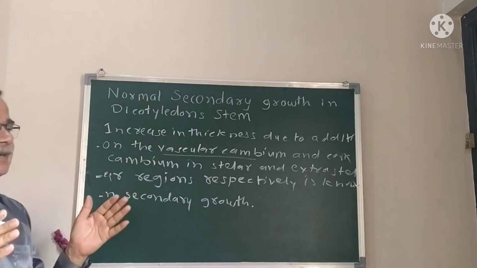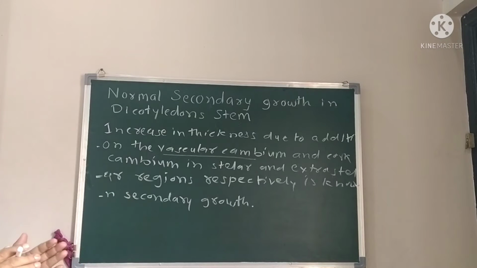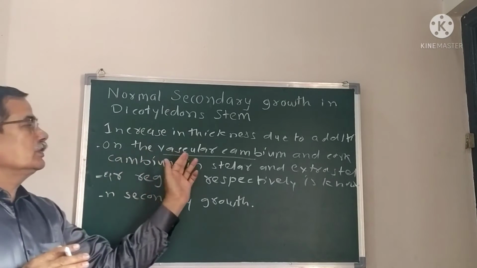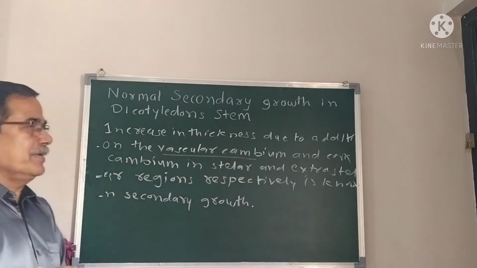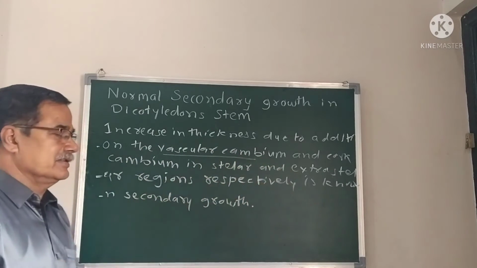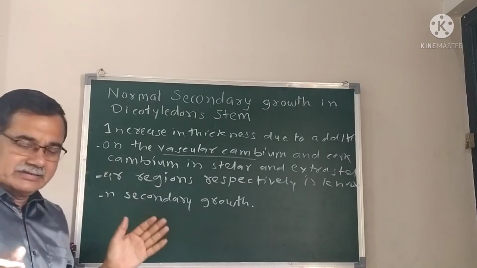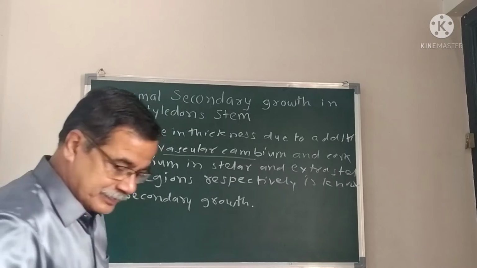Such increase of size and diameter by the vascular cambium and cork cambium in the stellar and extrastellar regions is known as secondary growth.